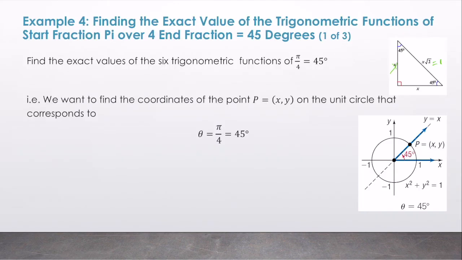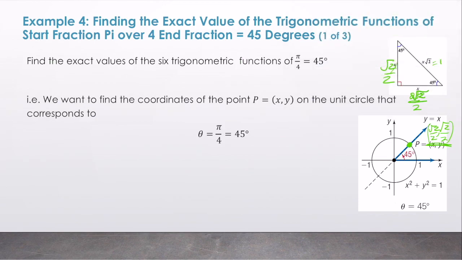That's going to give me square root of 2 over 2 for each of my side lengths. So this point on the circle would be square root of 2 over 2, square root of 2 over 2. That's going to be one of the 3 points we really need to learn on our circle.